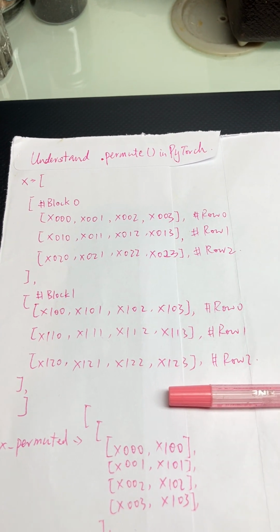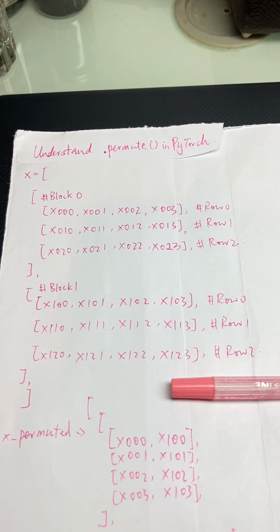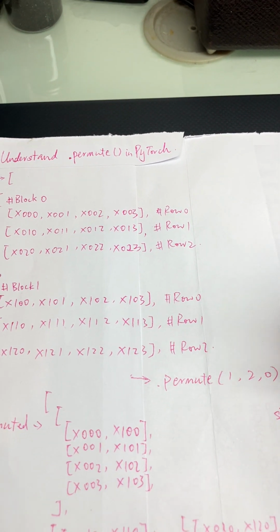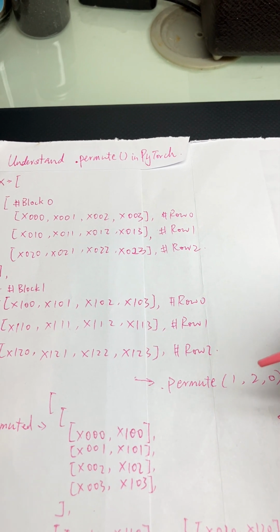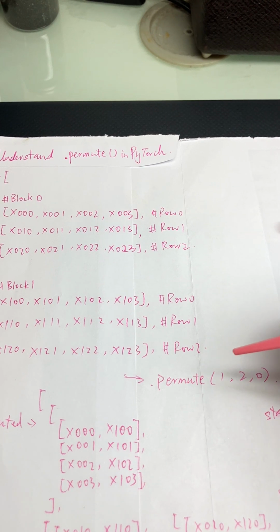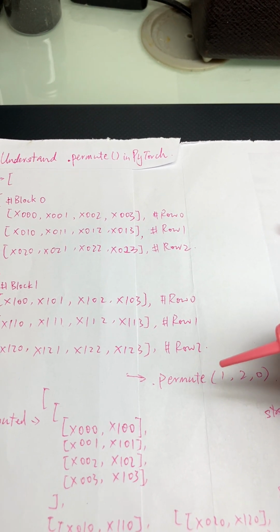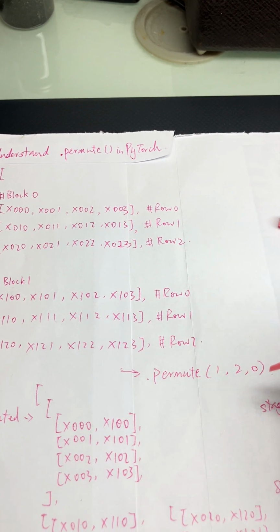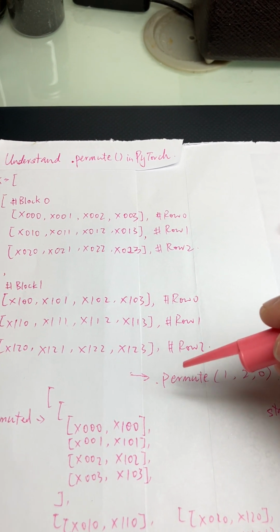So we work on an example today. It will be permute 1, 2, 0. This is a very typical permute in PyTorch. I think it is like the permute for an image tensor, moving the color channel from the front to the back. Okay, from the front to the back.